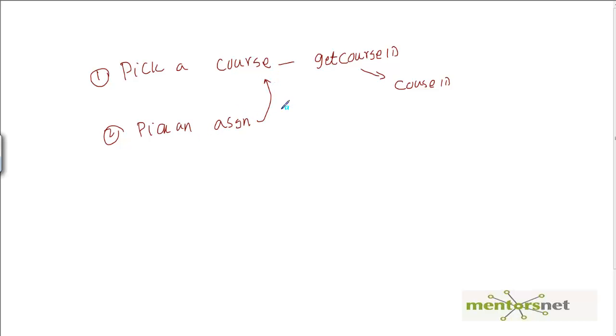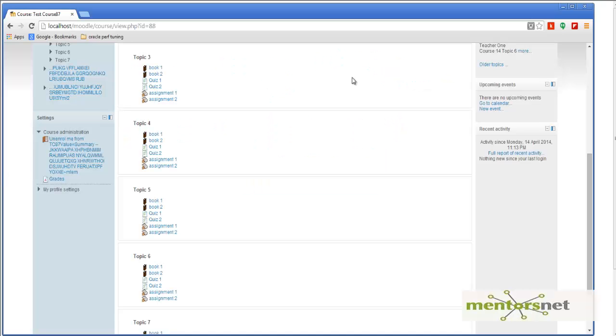To pick an assignment, I'm going to use the correlation technique that I have learned. Same procedure: the way you find a course id randomly out of a bunch of courses, similarly out of a bunch of assignments you are going to find an assignment randomly.